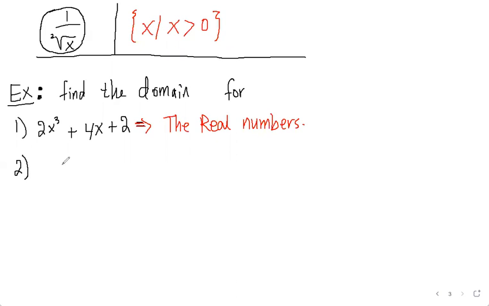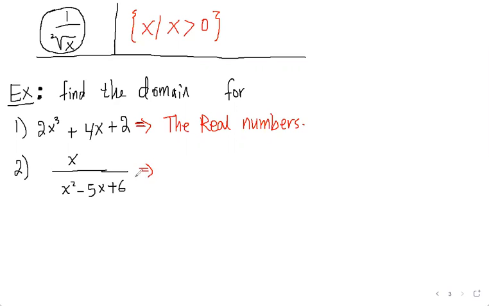Second one: x over x squared minus 5x plus 6. What is the domain? Again, what elements can I plug inside this expression and keep it well defined?